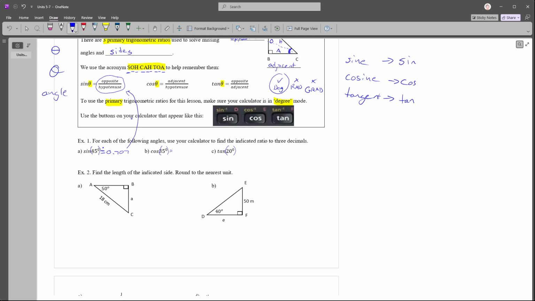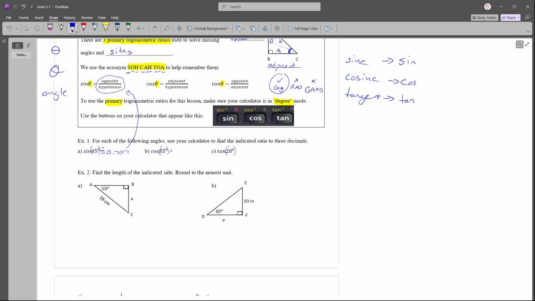So for the rest of these, I want you to take your calculator out and just try these out on your own. Pause the video and give it a go. Take your angle and apply it to the trigonometric term that we're using here, sine, cos, or tan.